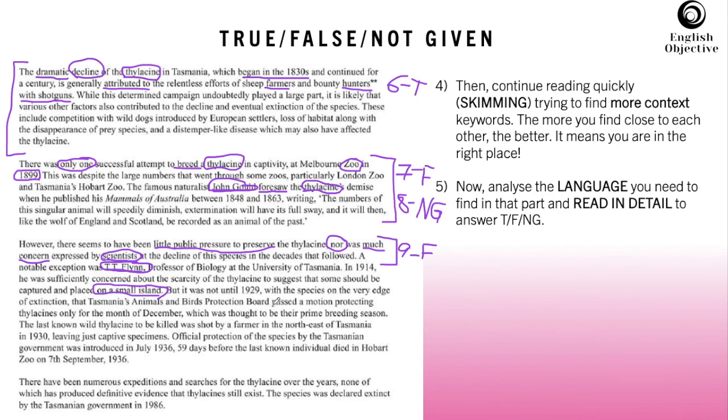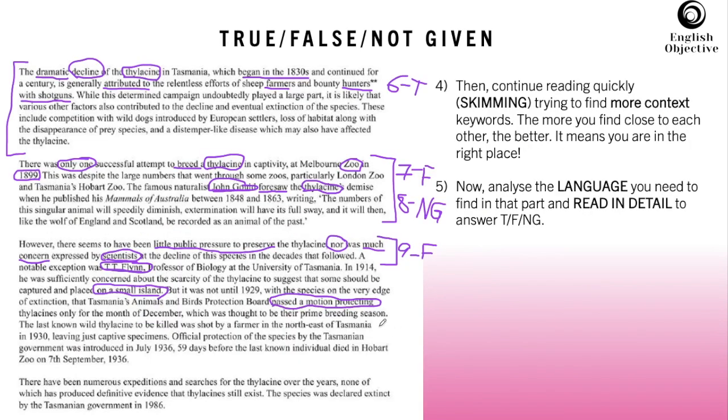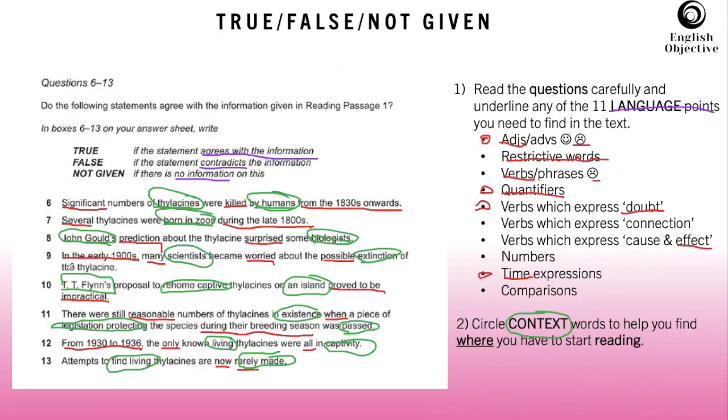Okay, so that sounds as the context keyword for question 11 that was about past and legislation protecting. So I think that would be the following question, which means that question 10 should be answered just there. Okay, so now I'm going to read more carefully and see if I can find anything about impractical proposal.